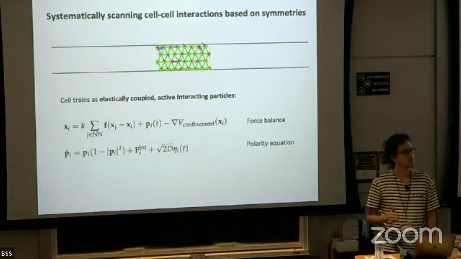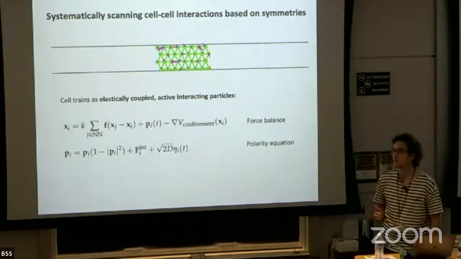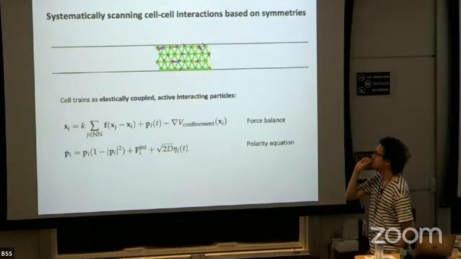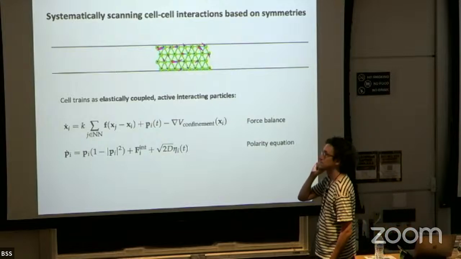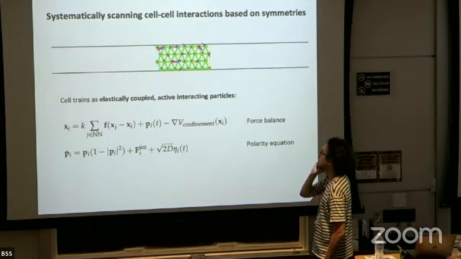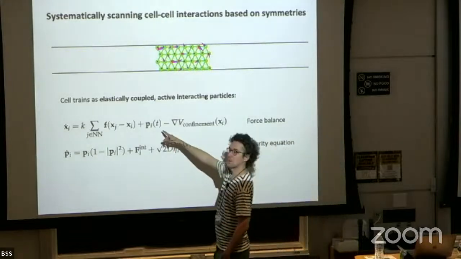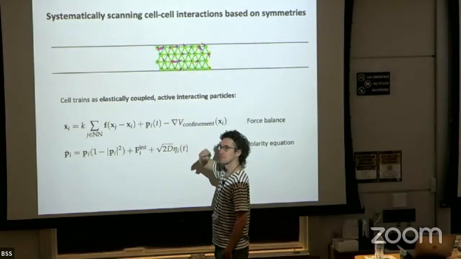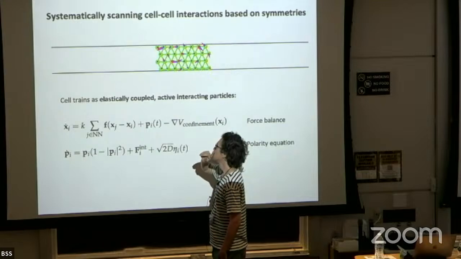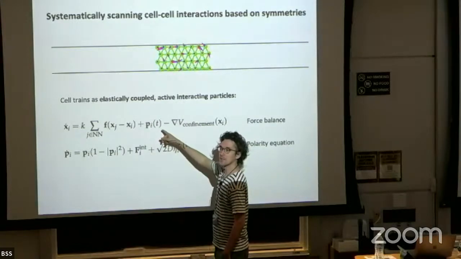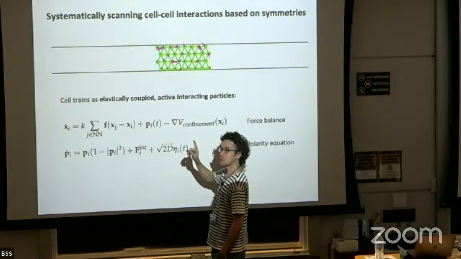Individual cells have this as well? Yeah. The first bit, is velocity alignment already there? I mean, it's not velocity alignment, that's force balance, right? It has to be at least partially, but it doesn't have to be the case because of the confinement.